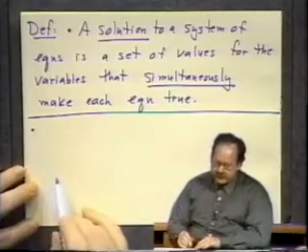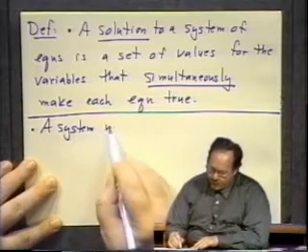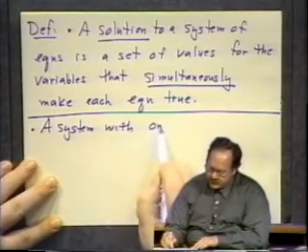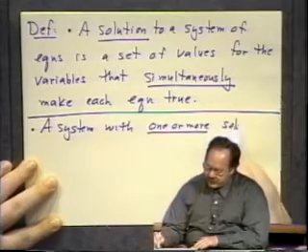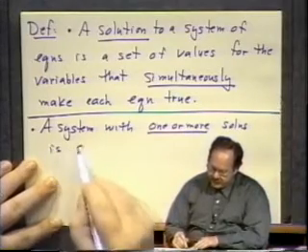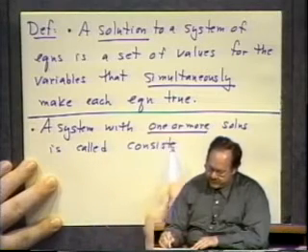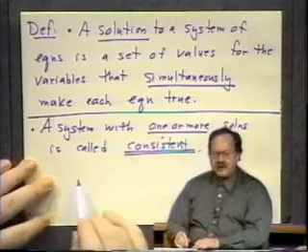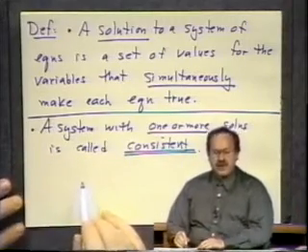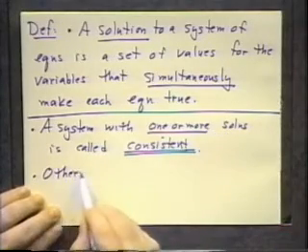And in addition to the solution, a system with one or more solutions, this is kind of the good case, one or more solutions, is called consistent. Okay, that's what's being defined here, consistent. A system with one or more solutions is called consistent. And I guess you can probably guess what I'm going to write now.